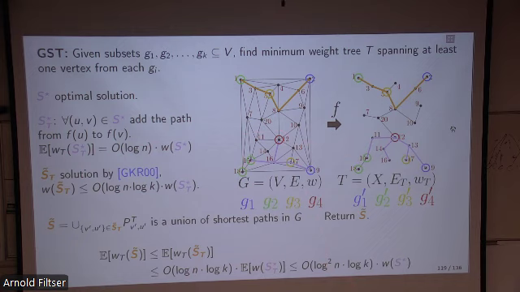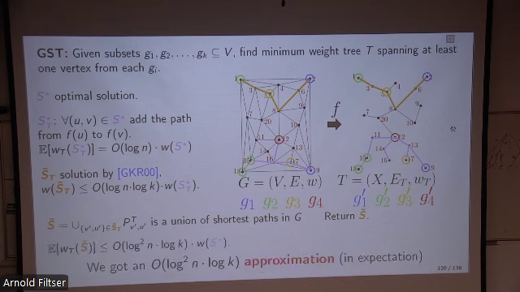Because we saw that stochastic tree embeddings also preserve group Steiner trees up to a log n factor. Therefore, I get here that the expectation of S tilde is at most log n times log k times the optimum solution. So overall, I got a log square n log k approximation algorithm in expectation. Right? Questions?